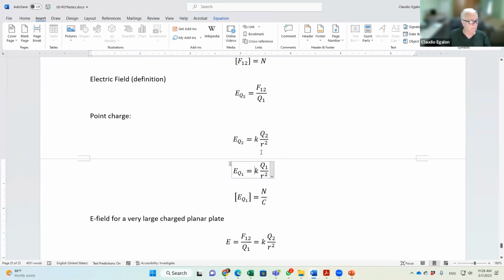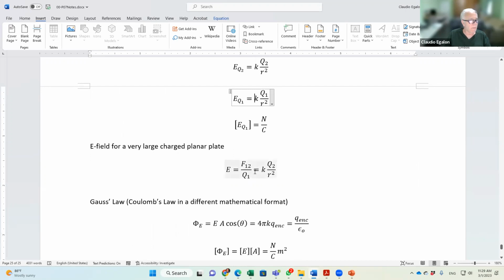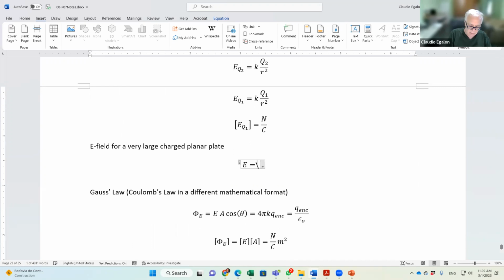Charge. Here is going to be what? Sigma. We derive that, okay?